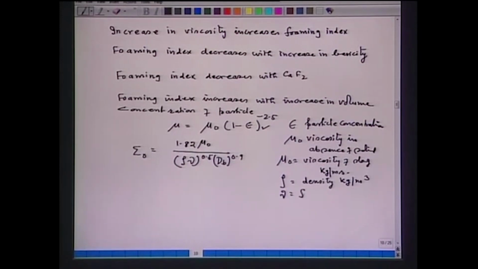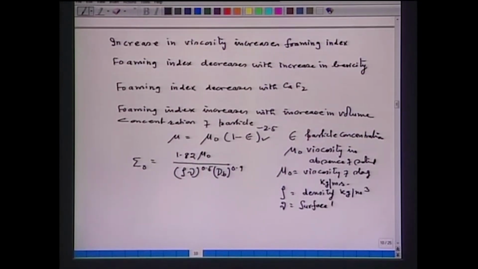This is the surface tension, and it has to be substituted in Newton per meter, then dB is the diameter of the bubble. Now, if I want to know the foaming index in the presence of solid particles, then what I can do?